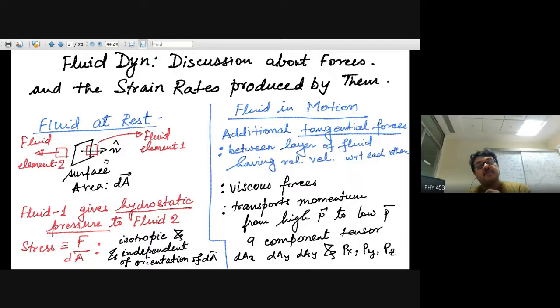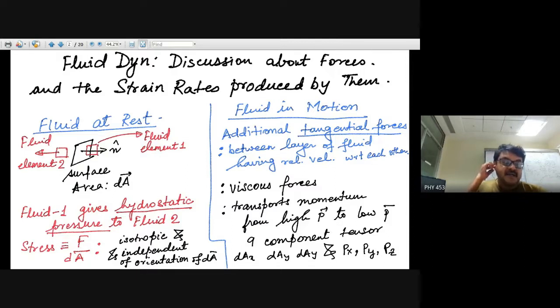When you are focused on fluid element 1, the force acting on it by fluid 2 acts in this direction, while the outward surface normal is in this direction, right? So the force acting on fluid element 1 is opposite in direction to the outward normal to the surface.